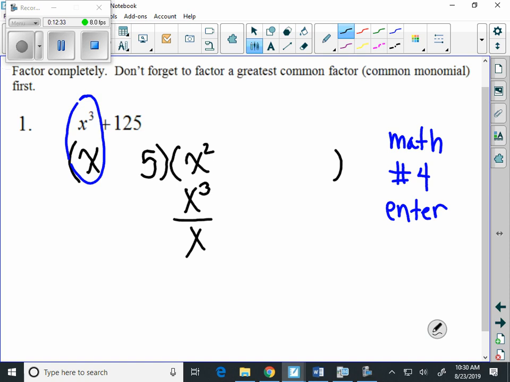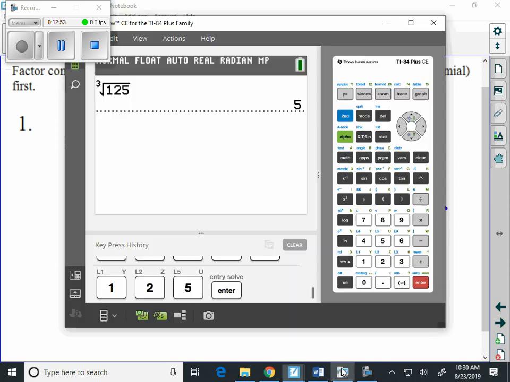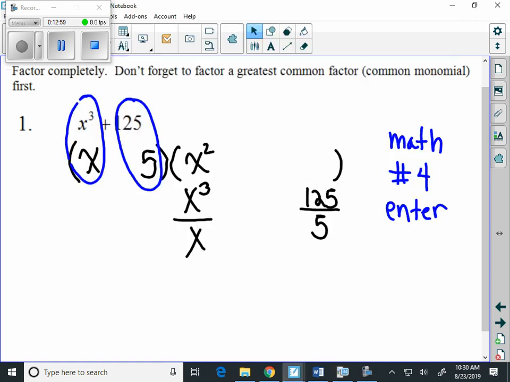Well, not only can we do that with the x's, we can also do that with this. 125 divided by 5. That's going to go over here in the last position. 125 divided by 5, if you don't know what it is, you pull out your calculator. 125 divided by 5 is just 25.